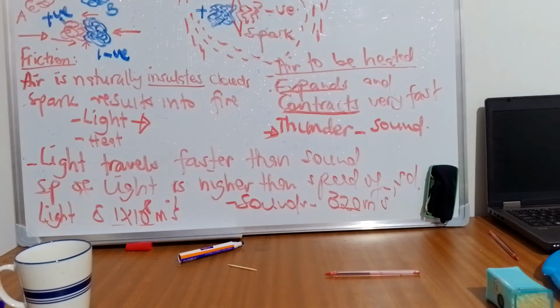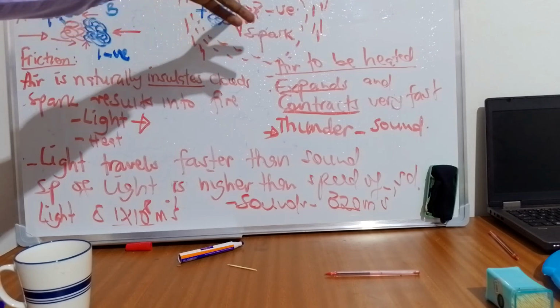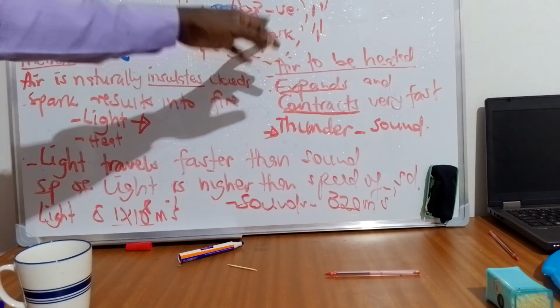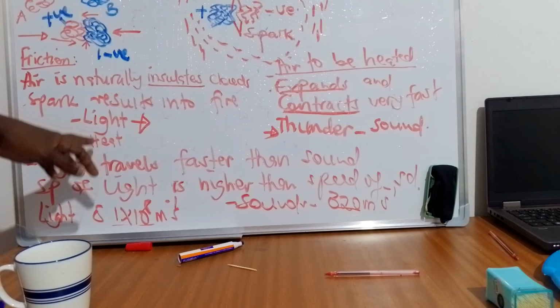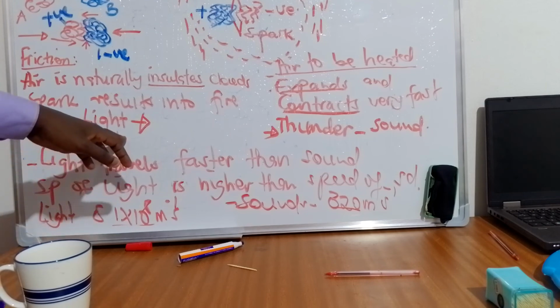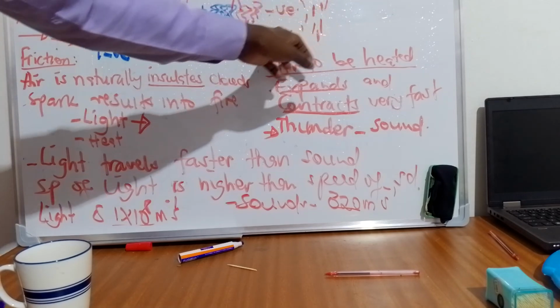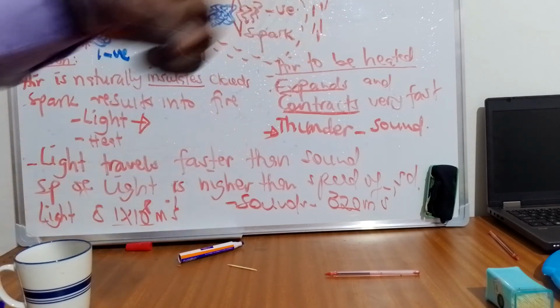At a given point of time, a positively charged cloud meets a negatively charged cloud. And once they meet, a spark is produced. This spark causes light and heat. This heat makes air around where the meeting of two clouds has happened to be heated.